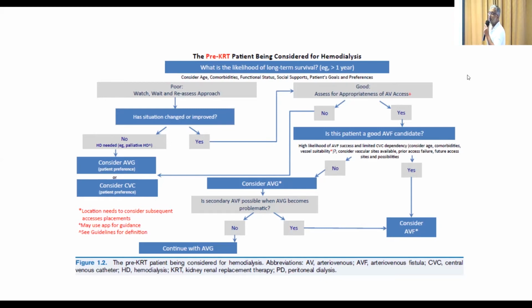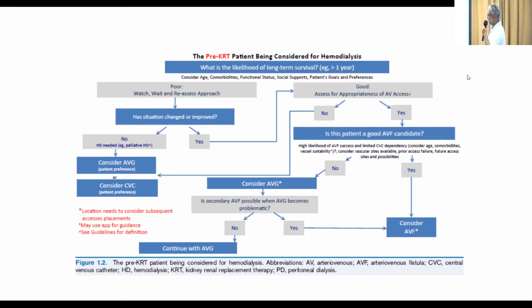There's a lot of conservative management for these patients nowadays. Patients who are 85 years old, 80-year-olds. Unfortunately, in our units, private units, they still dialyze. But in the West, these patients have now gone into more of a palliative approach.